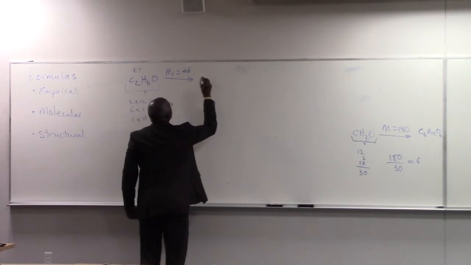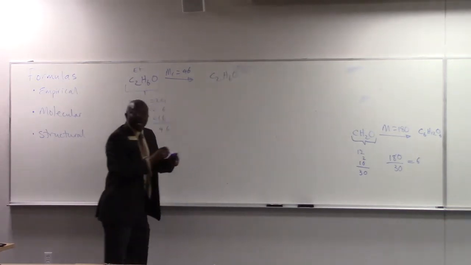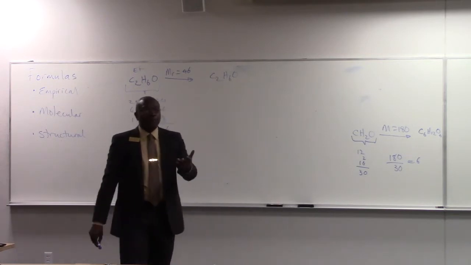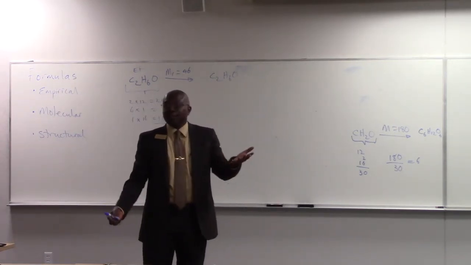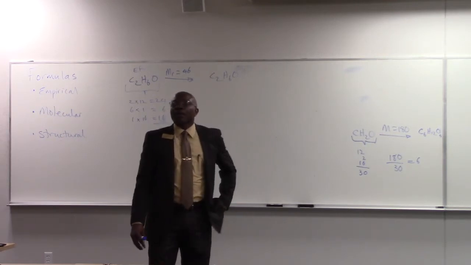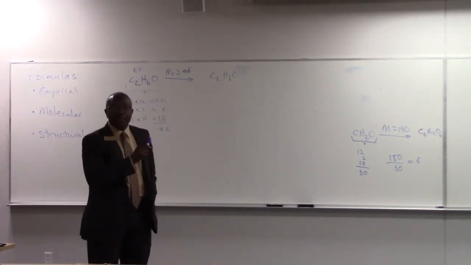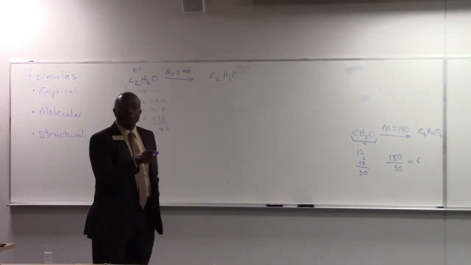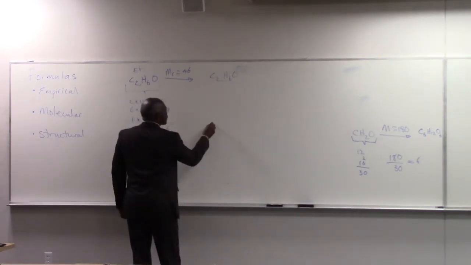So the actual molecular formula is C2H6O. And that's okay. Sometimes the molecular formula and the empirical formula are the same. That's okay. 1 is a perfectly good number as a multiplier. But it turns out there are 2 different C2H6O species. There is this one.